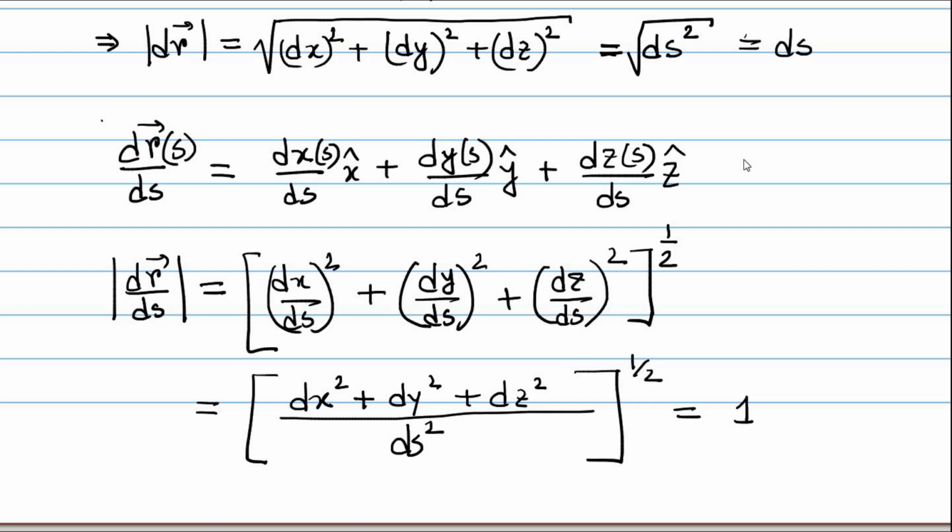We have proven exactly what we set out to prove. It's not a very difficult proof, but nonetheless it's a necessary one. When you find the derivative of the position vector with respect to any parametrization, it gives you a tangent vector. So the vector is tangent, there's no doubt about it, but now we have proven that this tangent vector is also a unit vector.